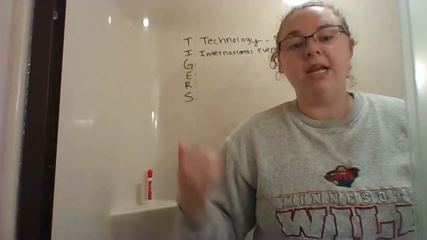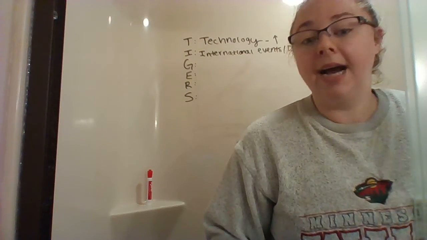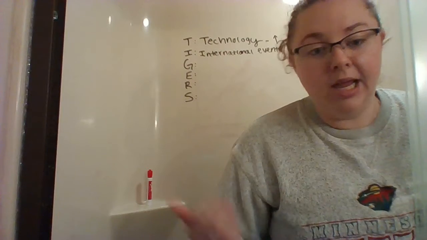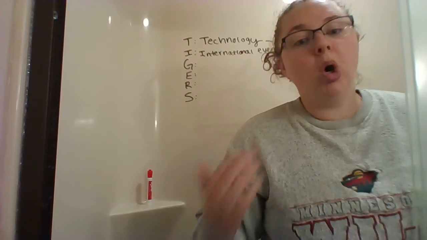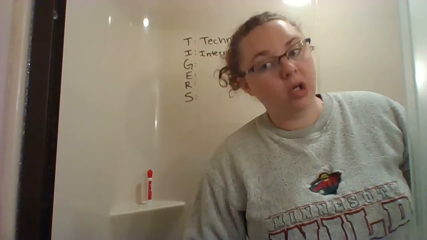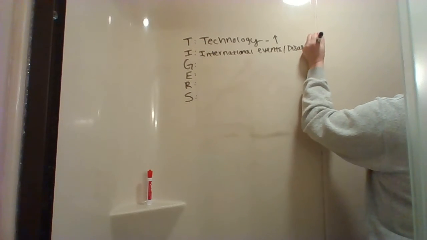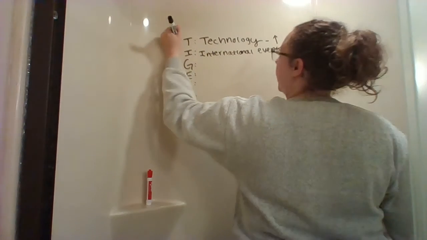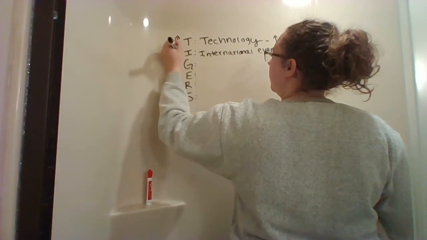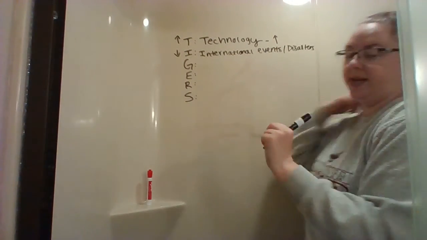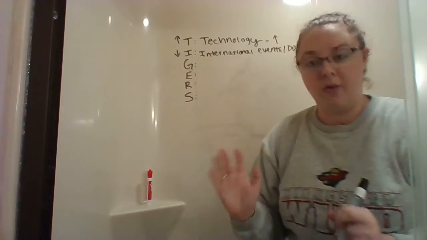There isn't really an international event or disaster that's going to help increase supply. It's always going to decrease the supply. So this one's only ever going to decrease. I can't really write an arrow there, so we're going to write an arrow over here. This one's up, this one is down. That can only ever move supply down, and the other only ever move supply up.